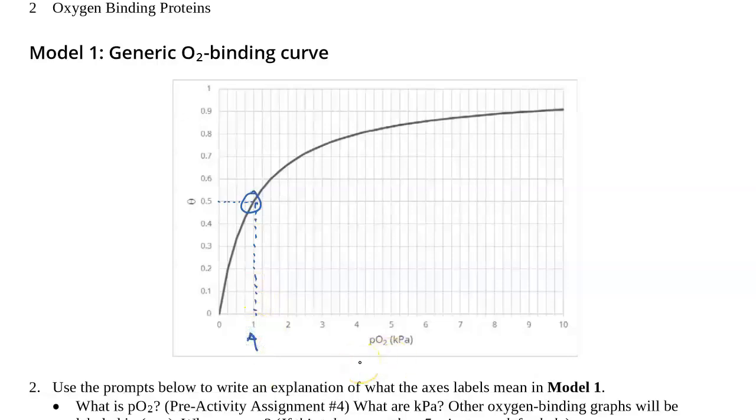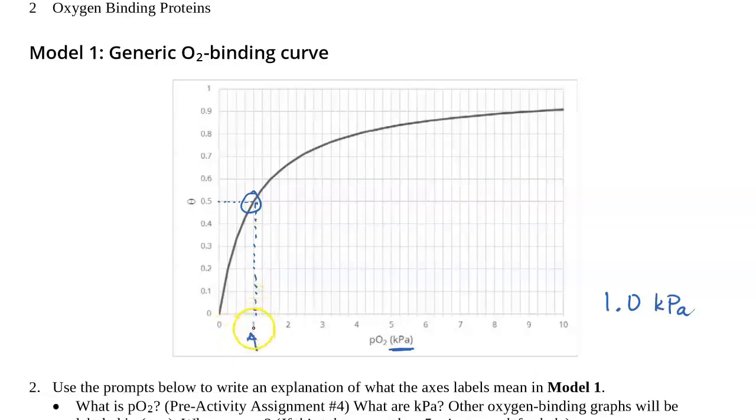And if you are then going to report the P50, you need to check the units, that's kilopascals, and you need to figure out how many significant digits to report. So you don't just want to say 1 kilopascal, but you probably want to say 1.0 kilopascals. Remembering that when you see a division marked on a graph or a ruler or any kind of laboratory instrumentation that's measuring something, you can always estimate 1 point past where you see the lines.